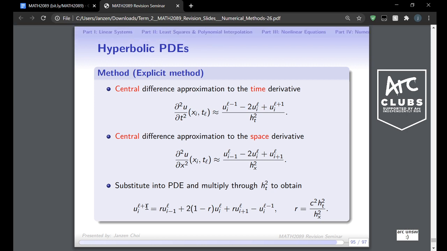Similarly we substitute the approximated partial derivatives into the original PDE, and after rearranging it we will get an iterative equation for the PDE. Just a note, because it's iterative, we're basically discretizing the equation, so it's no longer continuous.